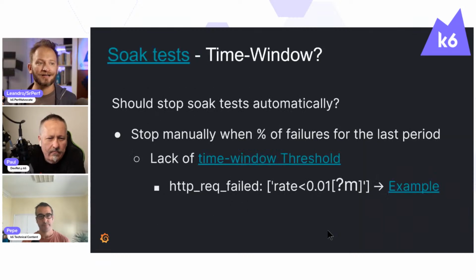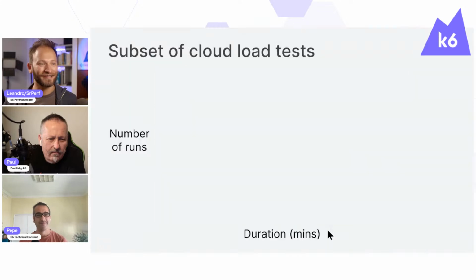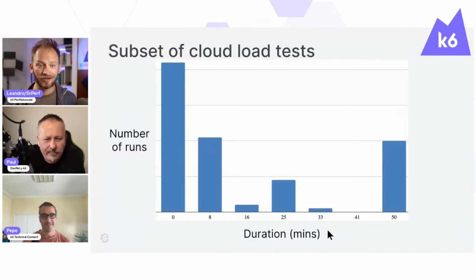And soak tests, you were mentioning that time window to do some measurements, we're working with K6 on implementing this functionality right now. There are some situations, and this is a good one that I just quickly wanted to share with you. You alluded, Pepe, that on the cloud activity, most of the time we see that the runs are short duration tests.